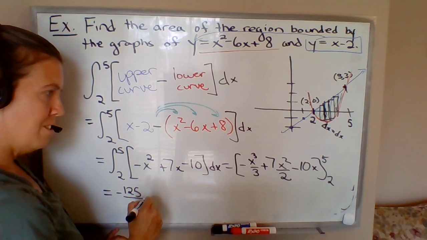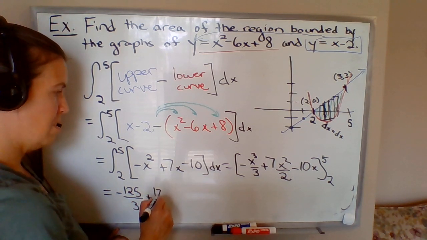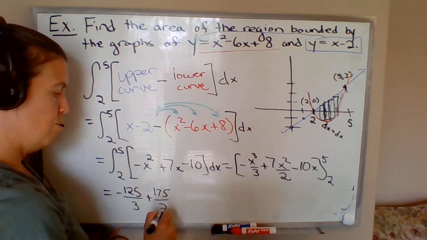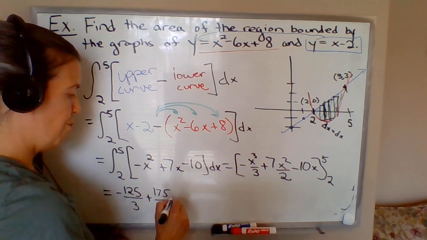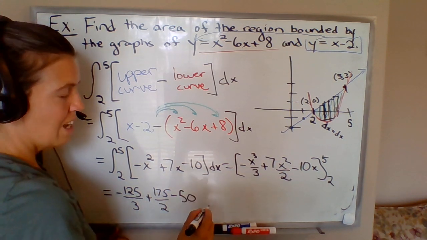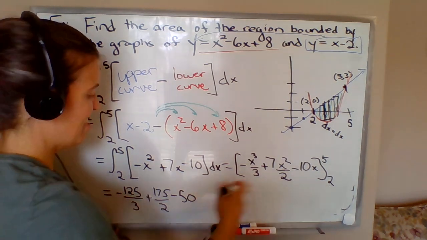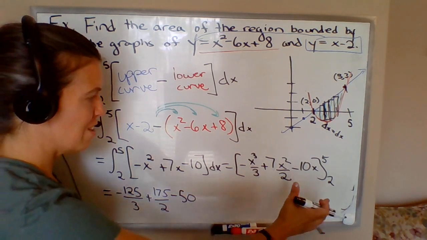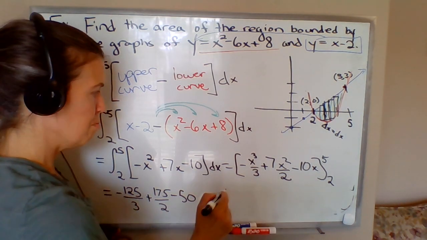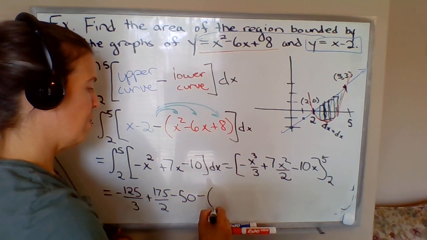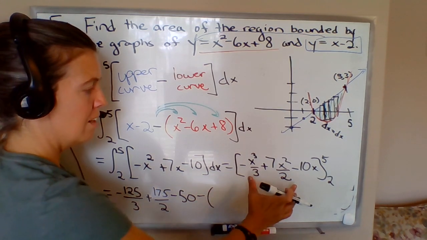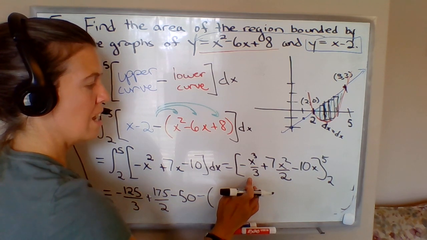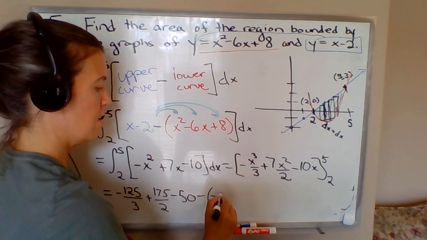So plus 175 over 2 minus 50. This is yucky. I may end the video fairly soon. This is not interesting to you probably as a calculus student, but let me at least finish the step that I'm on. So minus, plug in 2, so this will be negative 8 over 3.